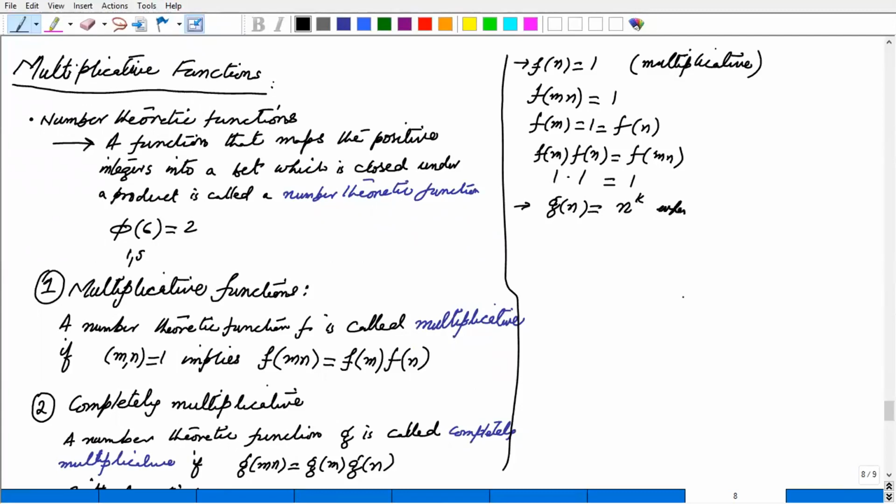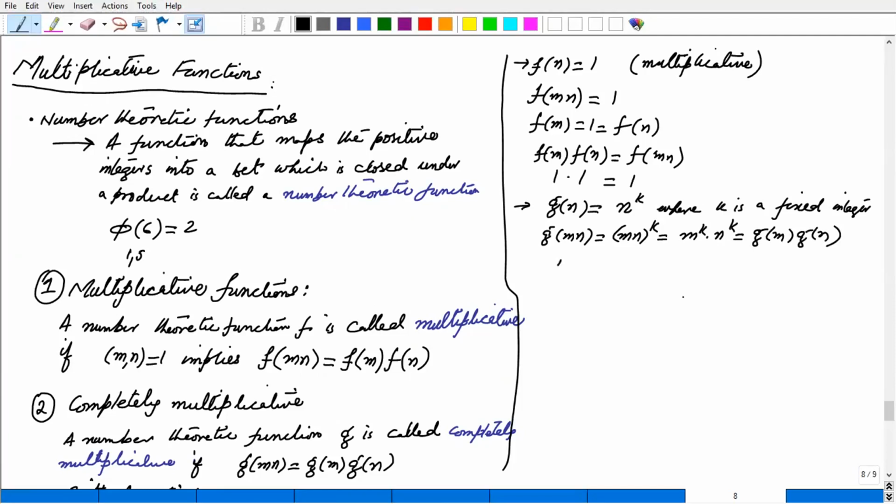So G of mn equals mn to the power k, which can be written as m to the power k times n to the power k, and this can be written as g of m times g of n.